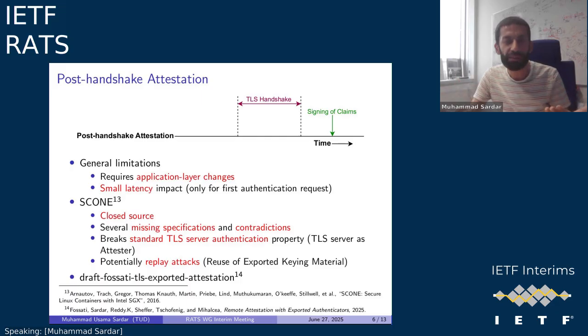So what exactly do we change? In this case, it is the application layer. There is a small latency impact, which cannot be avoided, because on top of the TLS protocol you need one round of sending over the request and then getting back the evidence. This is inherent to the solution.